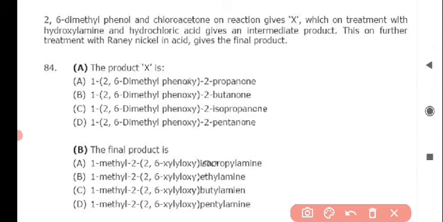Now the question is, the product X is, and the answer is option C, that is 1-(2,6-dimethylphenoxy)-2-propanone. And the next question, the final product is, and the correct answer is option B, that is 1-methyl-2-(2,6-xyloxy)ethylamine.